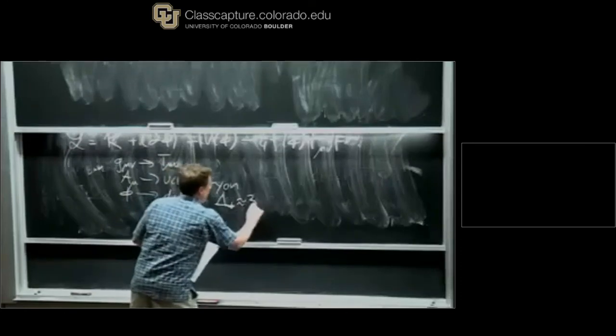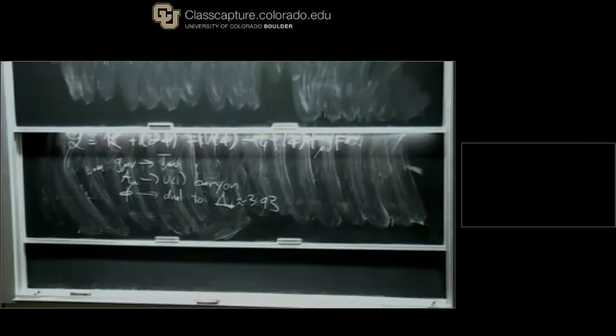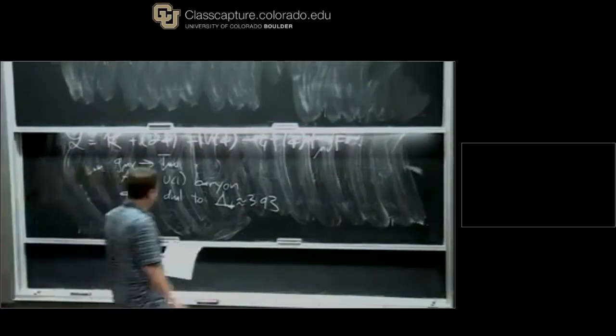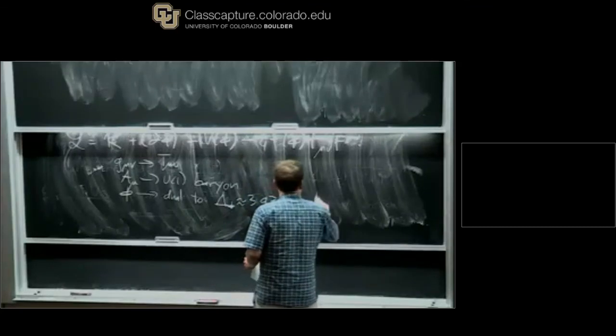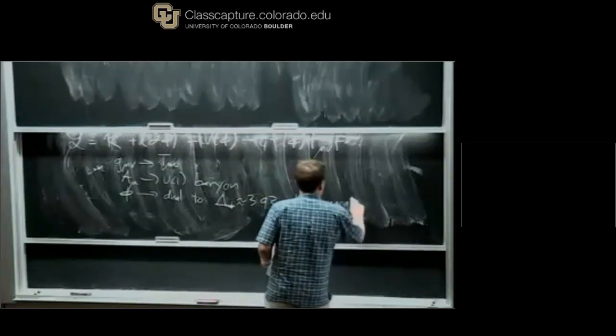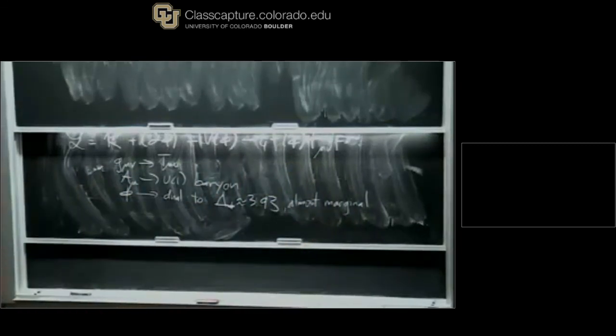And that operator has an almost marginal, but very slightly relevant conformal dimension. So by allowing this scalar to run, I will be adding a source for something that's an almost marginal operator, and that will sort of play the role for me of the running of the QCD coupling.